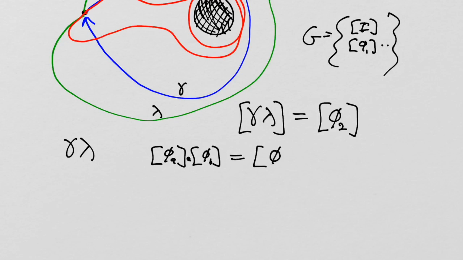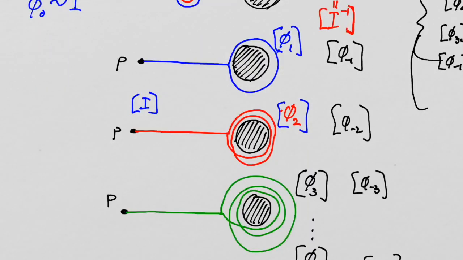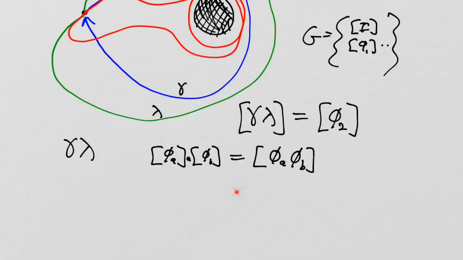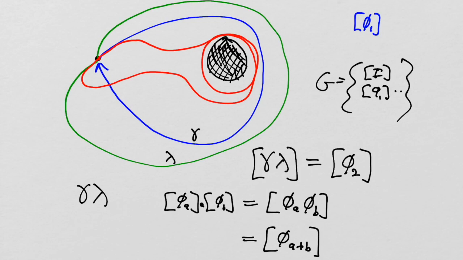And what it's going to do is produce the equivalence class of phi A followed by phi B, which, based on this particular exemplar, the plane with the annulus, is going to equal, in this particular circumstance, phi A plus B. And that will hold for inverses as well, because if I had just reversed the green loop, so I had gone this way on the blue loop but then went the other way on the green loop, I could have homotopically undone the blue loop.